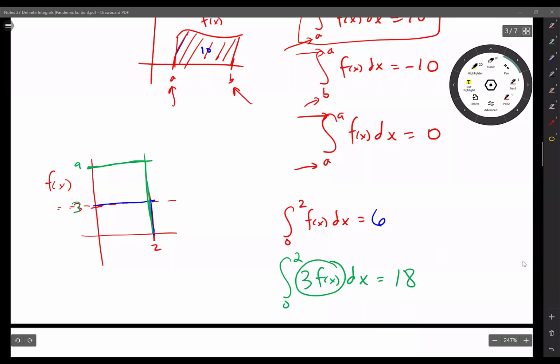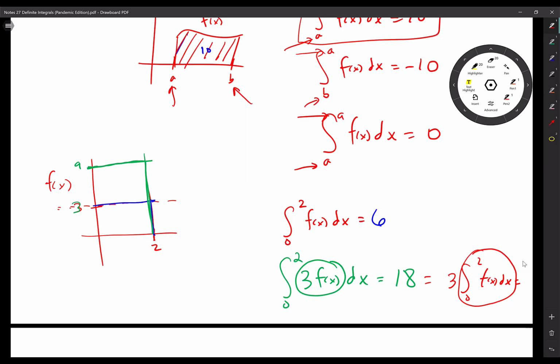Okay, let me fix my second monitor here, guys, so I can see everyone. Okay. All right, finally, we're back. It makes sense that I can pull the 3 to the front, integral from 0 to 2 of f of x dx. And this part was just 6, and 6 times 3 is 18. There it is.